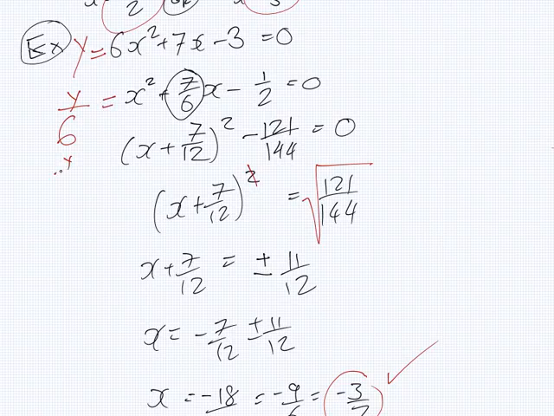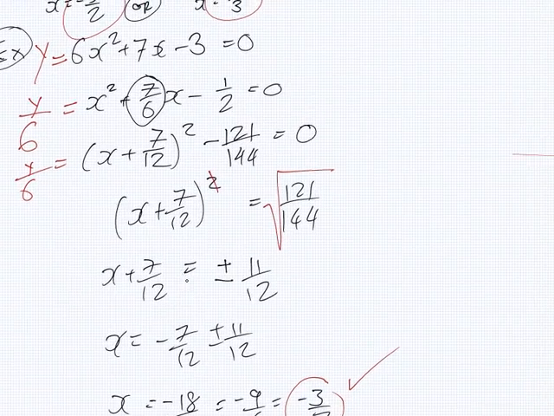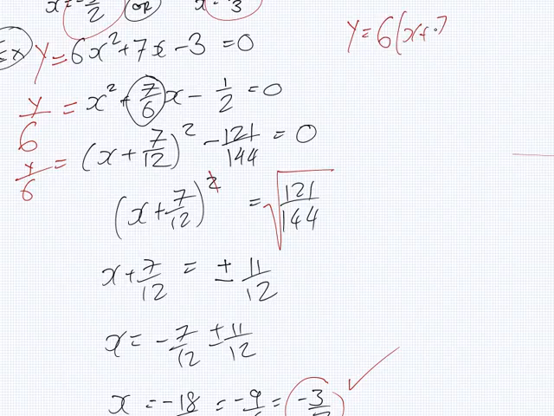If I want the y, what do I need to do to fix it? Just multiply back by 6. So over here I get y equals 6 times x plus 7 over 12 squared. And when we multiply this one by 6, 121 times 6 divided by 144, I get minus 121 over 24.